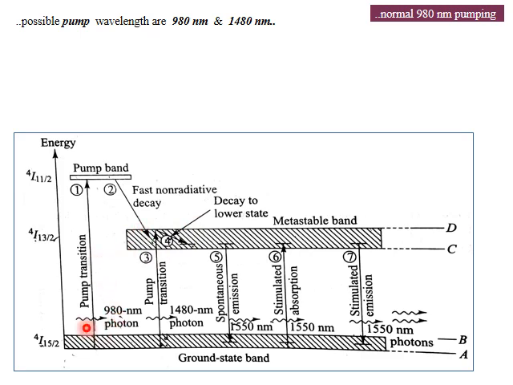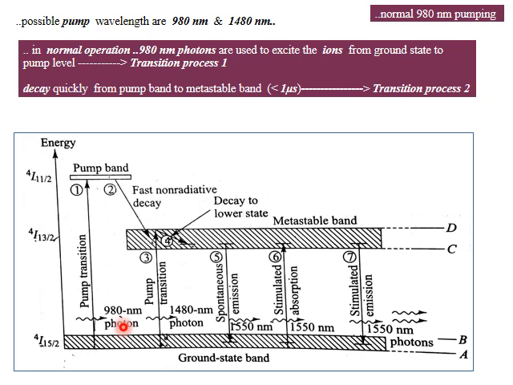So during 980 nanometer pumping, what is happening? The light beam which is falling at a particular frequency on the ground state band, listen here carefully, is absorbed by the erbium ions Er3+, and they acquire more energy, then jump to the next higher band, that is the pump band.